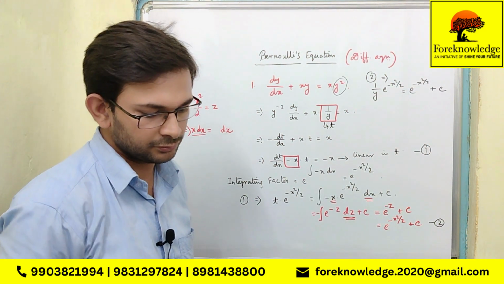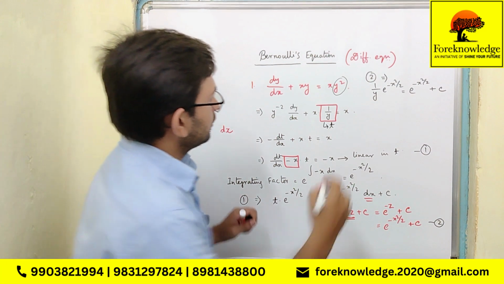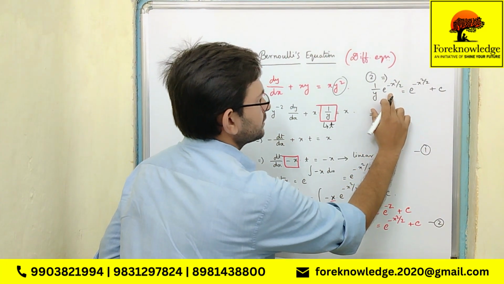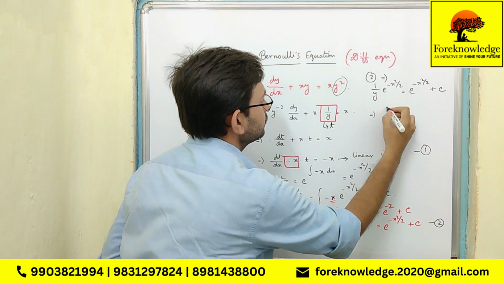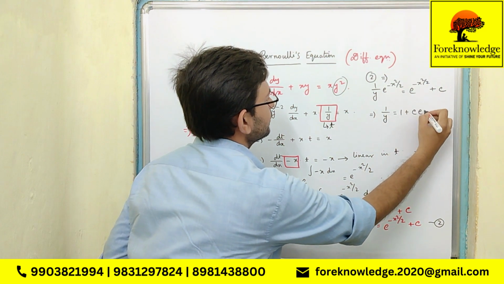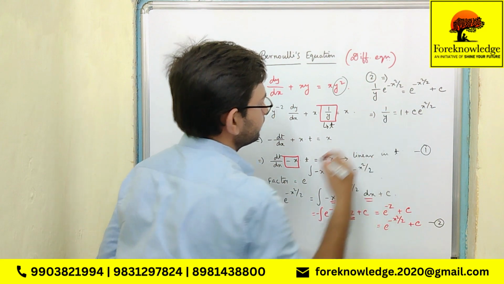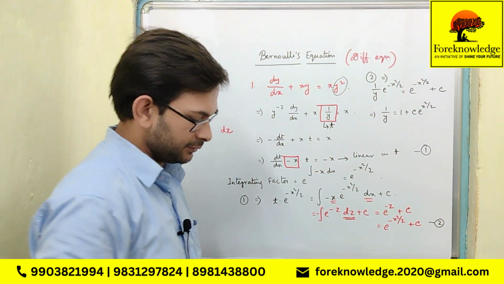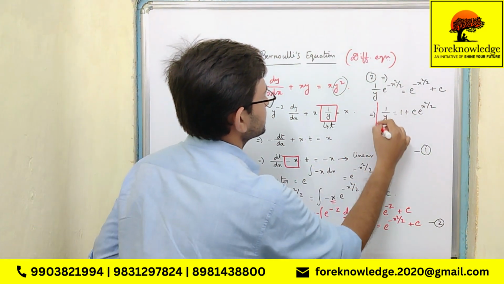Okay, and the last line, just multiply by e to the power x square by 2, so 1 by y equal to 1 plus c e to the power x square by 2. This is our final solution.